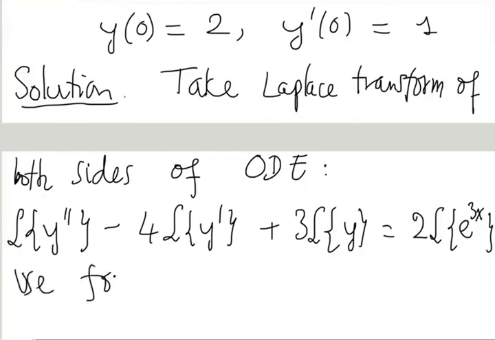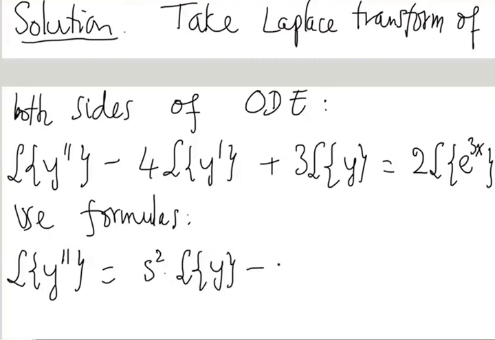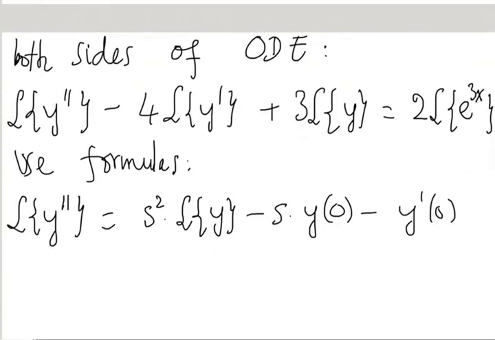Use the Laplace transform of the second derivative, which is s squared Laplace transform of y minus s y0 minus y prime of 0. As I mentioned earlier, you need to be careful about where the derivative goes.